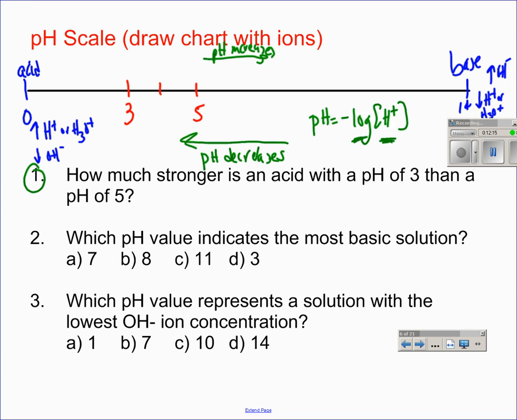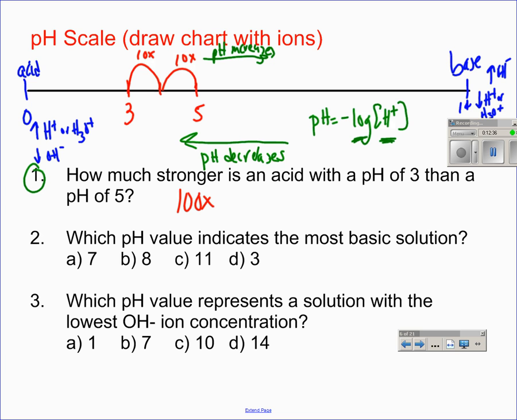How much stronger is it? Well, each jump, because it's logarithmic, is 10 times greater. So it is 10 times 10, it is 100 times greater, meaning it has 100 times greater concentration of H plus ions or H3O plus ions.